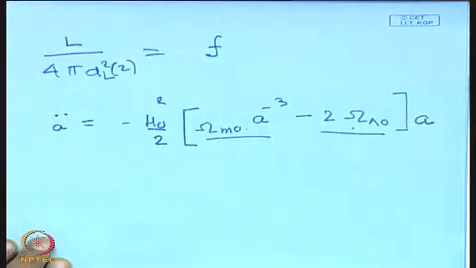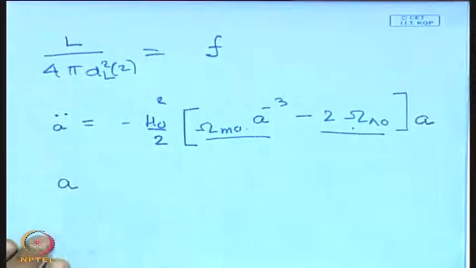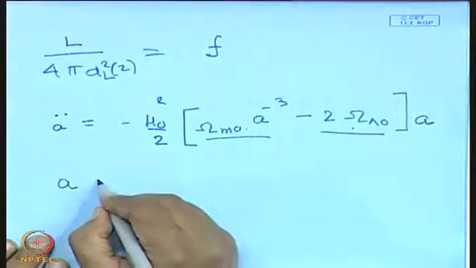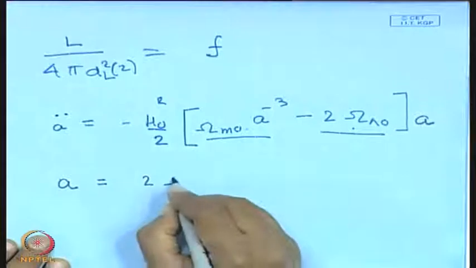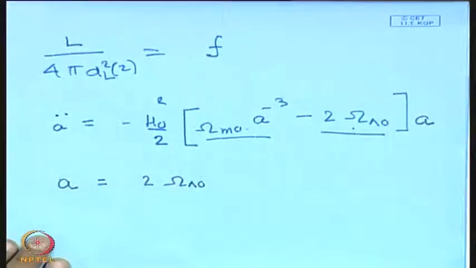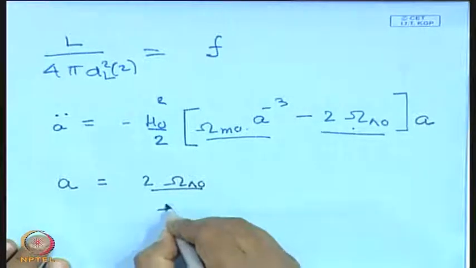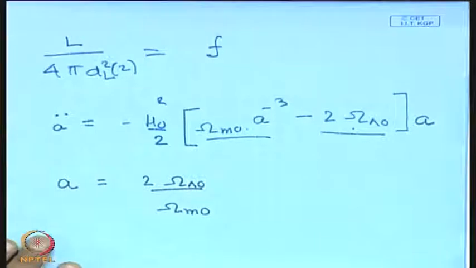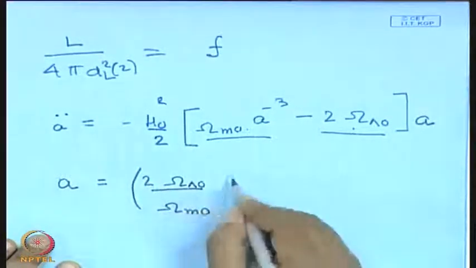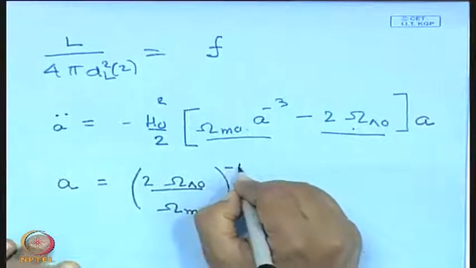The transition will occur at a scale factor a equal to (2 omega lambda naught by omega matter naught) to the power minus 1/3.